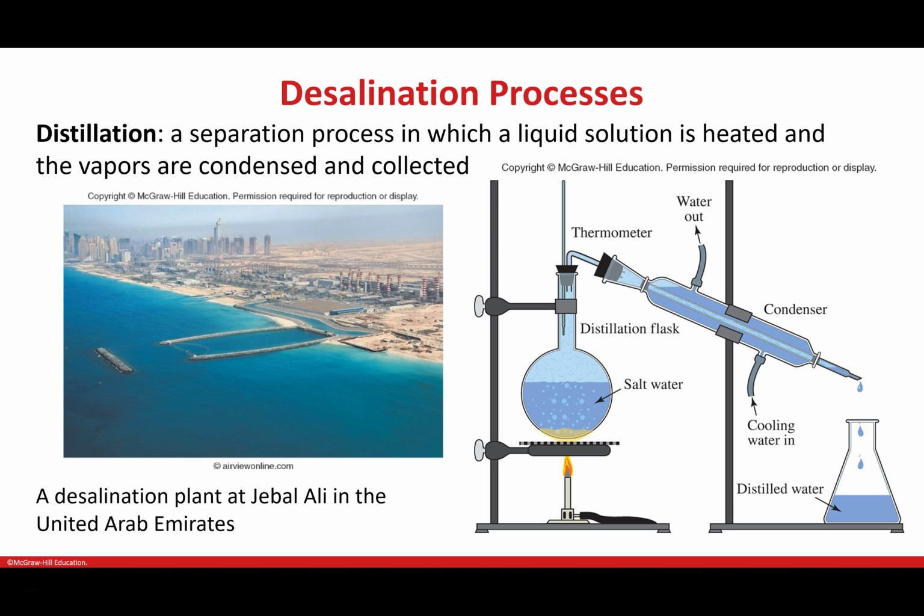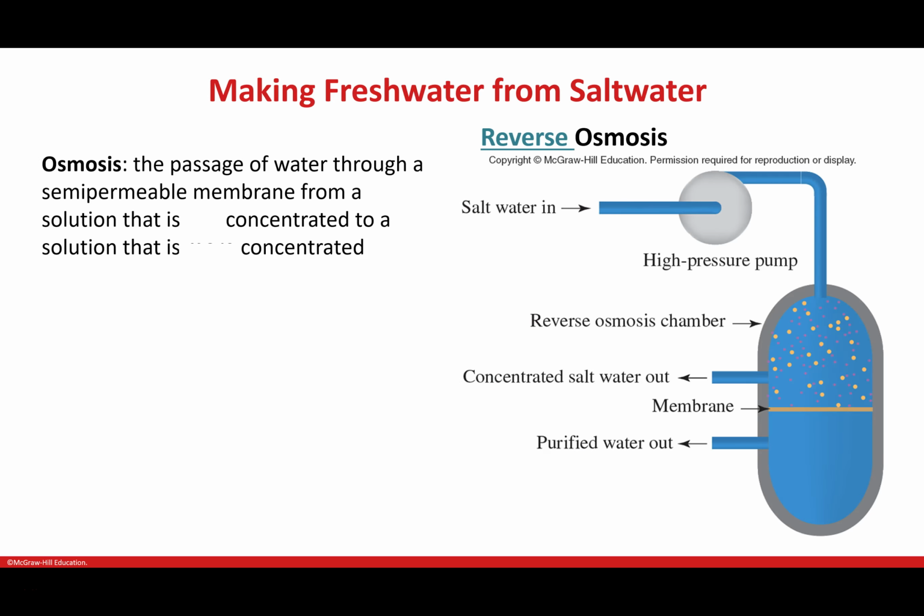And I got this from your textbook, and I'm not sure I read in your textbook, that this plant probably uses the other way, not distillation. So the other way is osmosis, or specifically reverse osmosis. But if you've done biology, which some of you have, you're kind of familiar with the idea of osmosis.